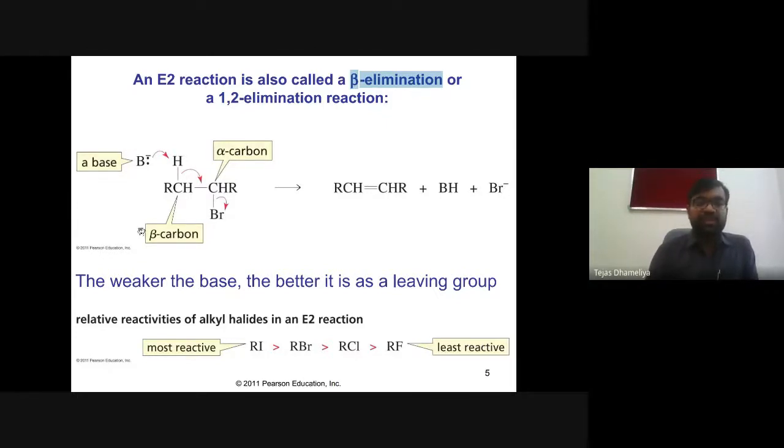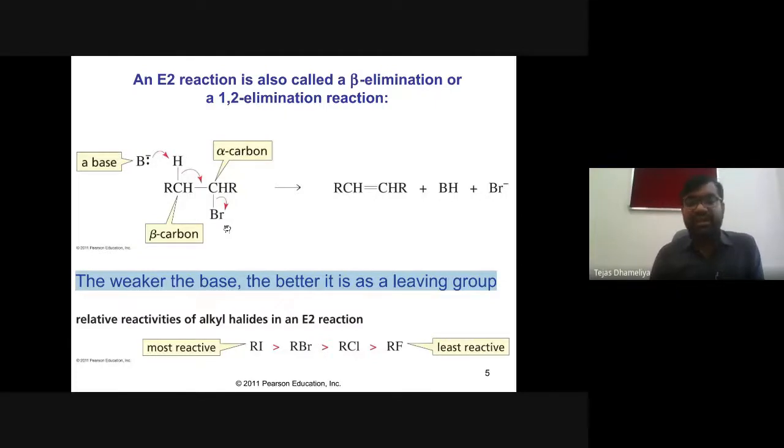Okay. So it is said, just like we have discussed in our previous session of substitution, the weaker the base, the better the leaving group. If we have iodide, then it is a good leaving group because it is a weaker base.